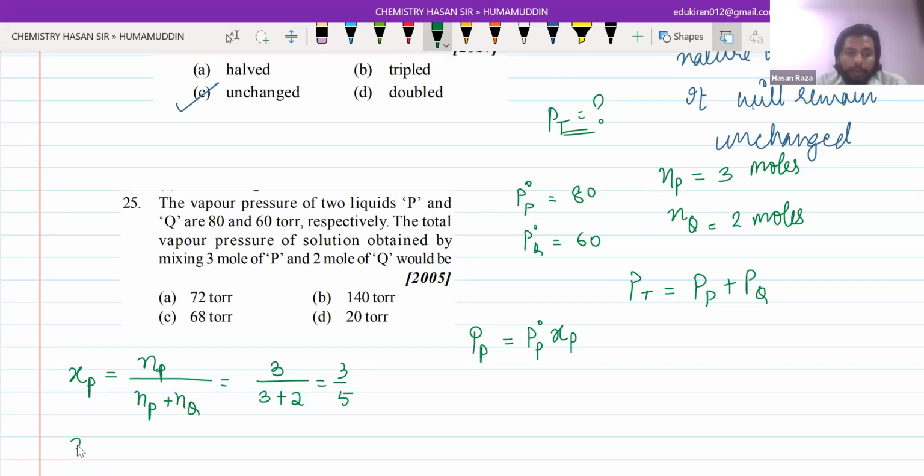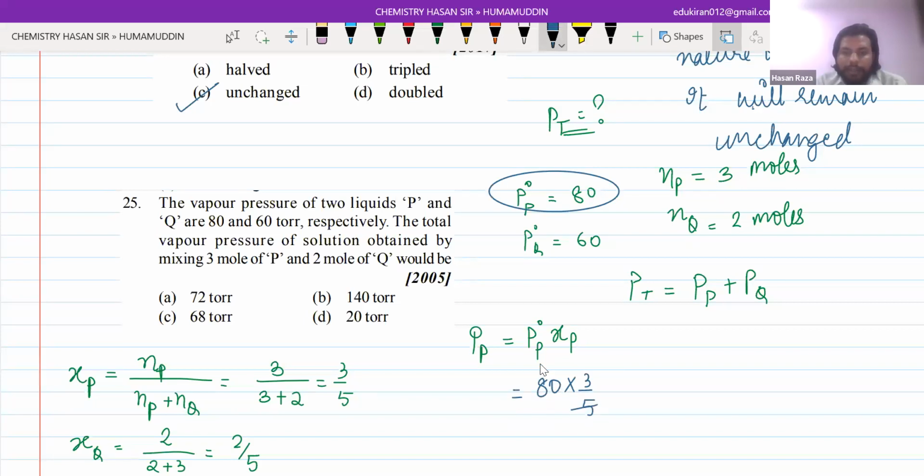We also need to calculate the mole fraction of Q. That will be number of moles of Q upon total moles, that means 2 upon 2 plus 3, equal to 2 by 5. Now just substitute the values. The pure pressure of P is 80 and the mole fraction of P is 3 by 5, so you can easily cancel, and the partial pressure of P will be equal to 48 torr.